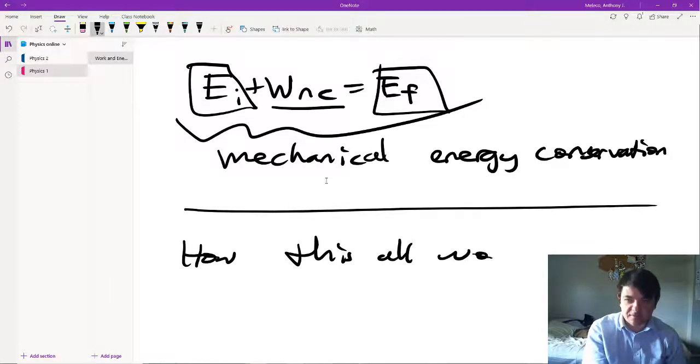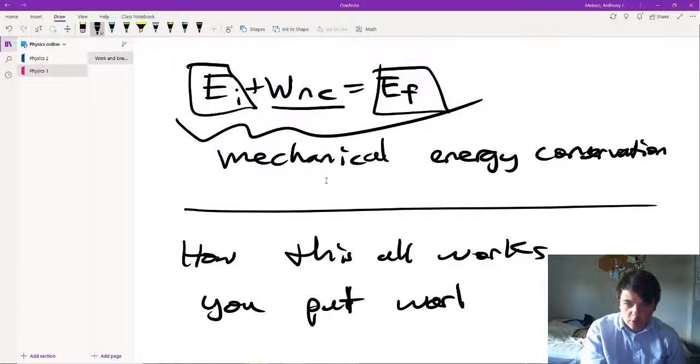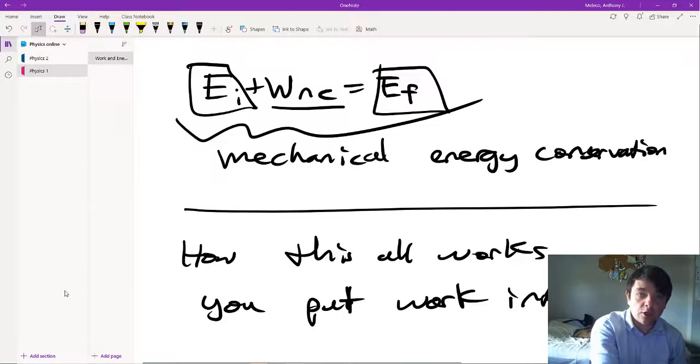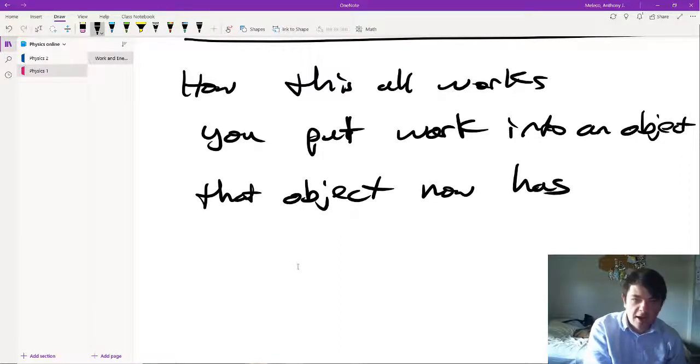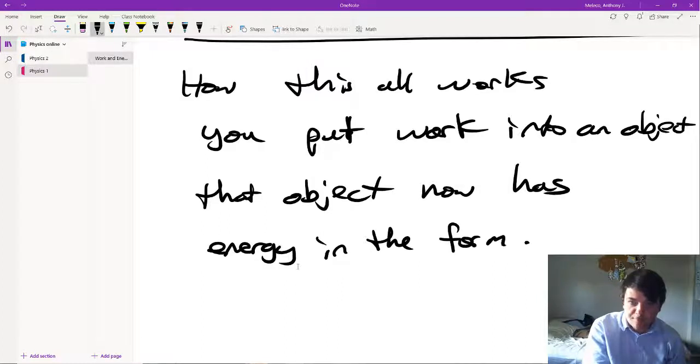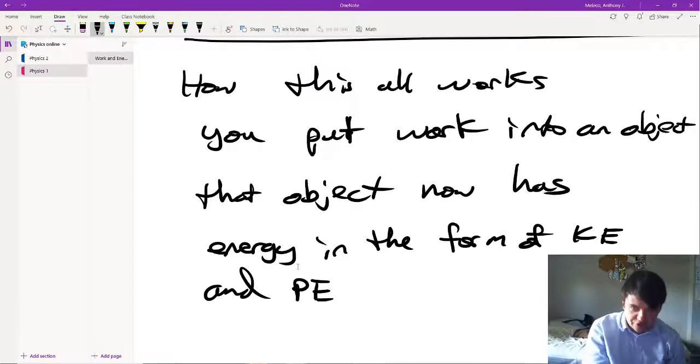How this all works, kind of like a summary, is you put work into an object, okay? So maybe you push the object or whatever. You put work into the object.